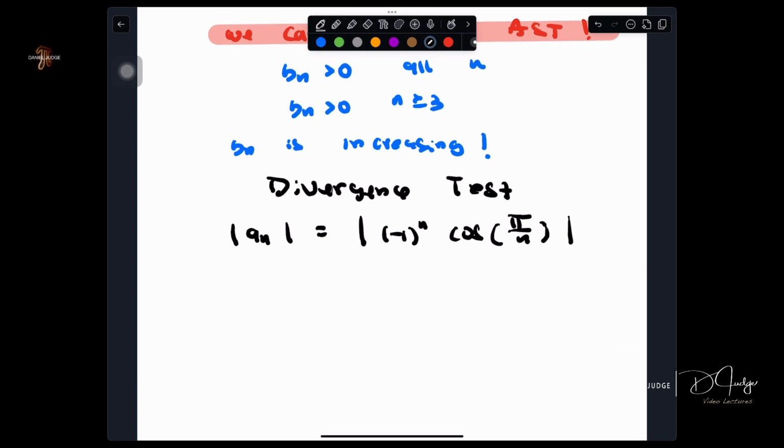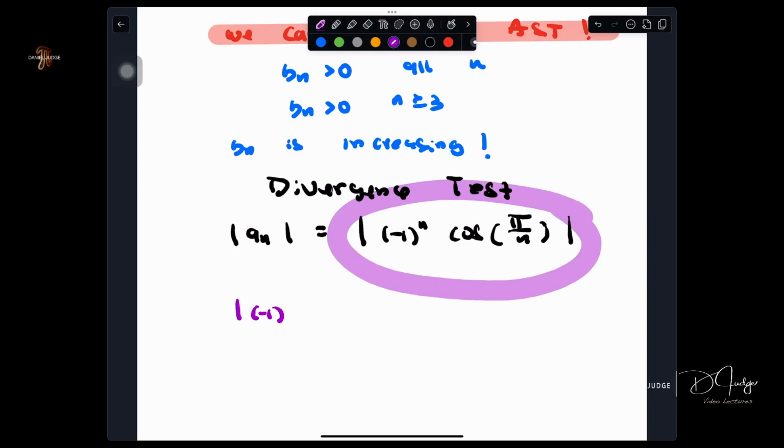Now, using some algebra, absolute value -1 to the n, absolute value cosine pi over n.